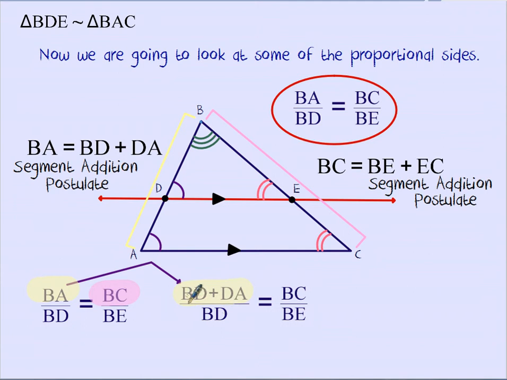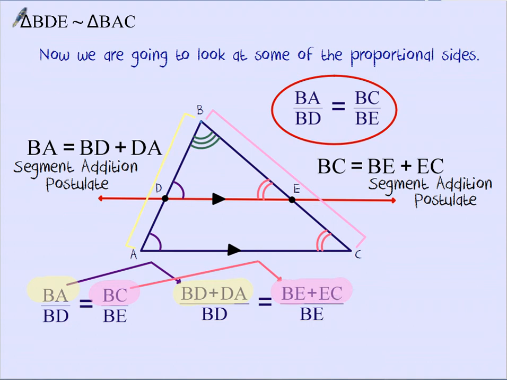BA can be replaced by BD plus DA, right? Because they're equal to each other. BC can be replaced with BE plus EC using my segment addition postulate, and simply substituting gives me a new look to my proportion.